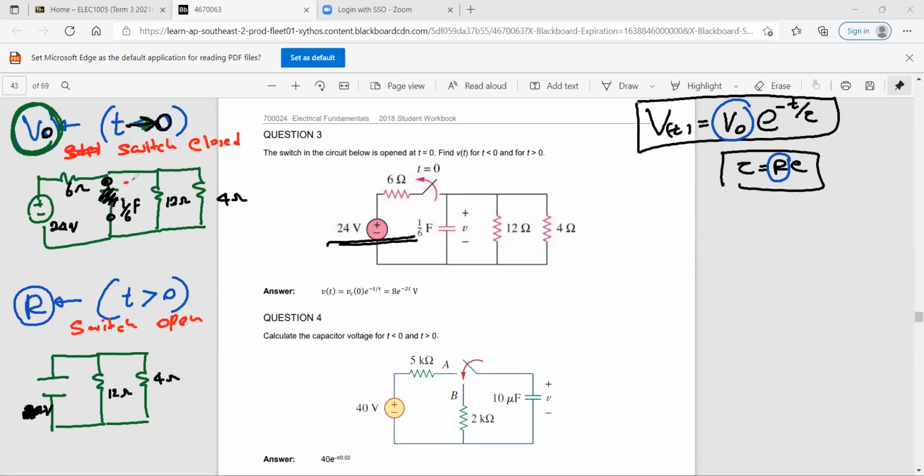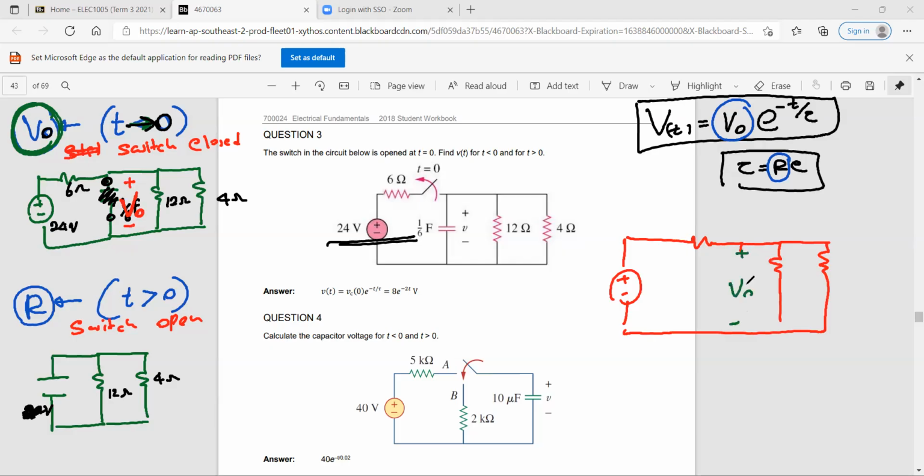So V naught is the voltage across this. How can you find the voltage? Now you don't have any capacitors in the circuit. Your circuit is this. How do you find the voltage across this point? This is the voltage you need to find. So what is the voltage over here?